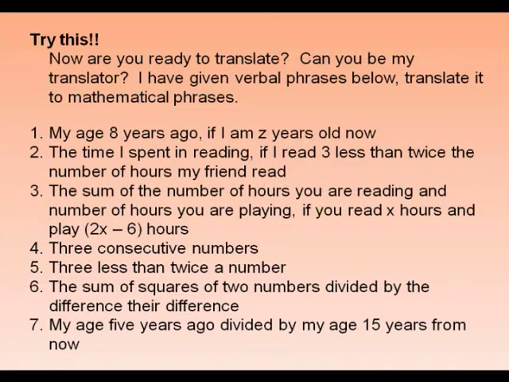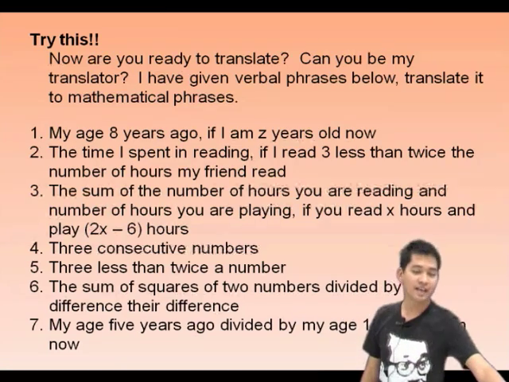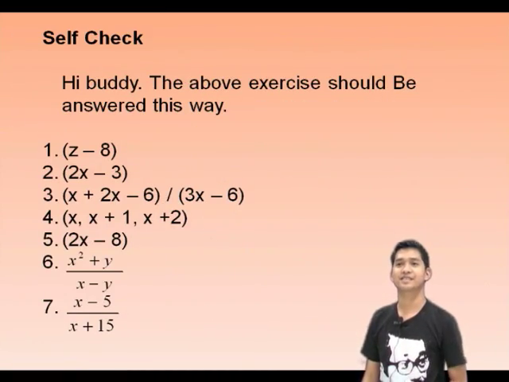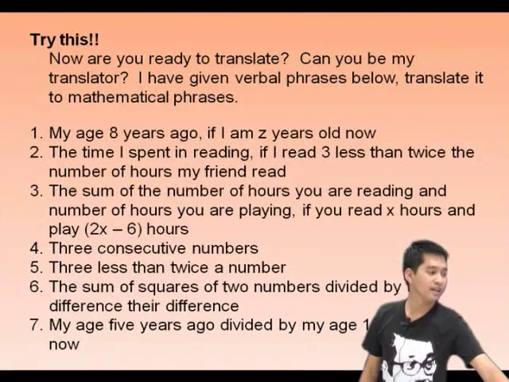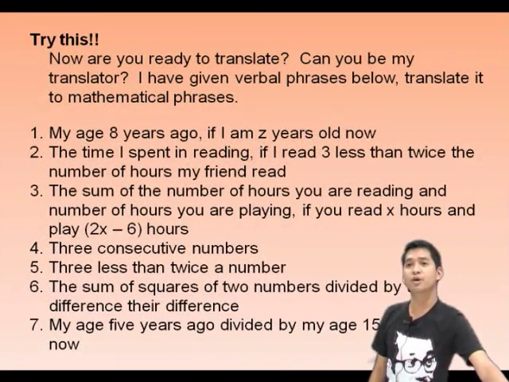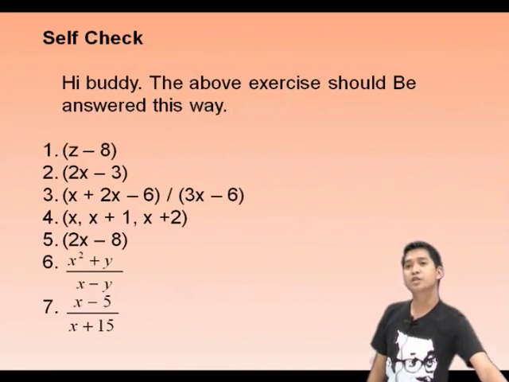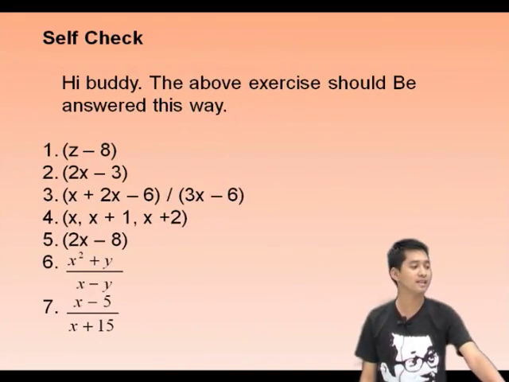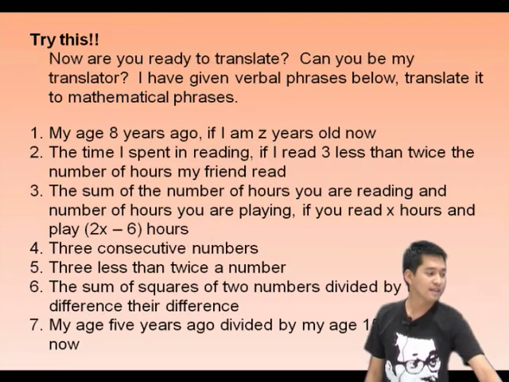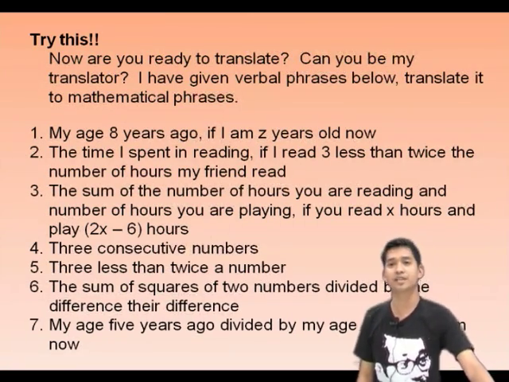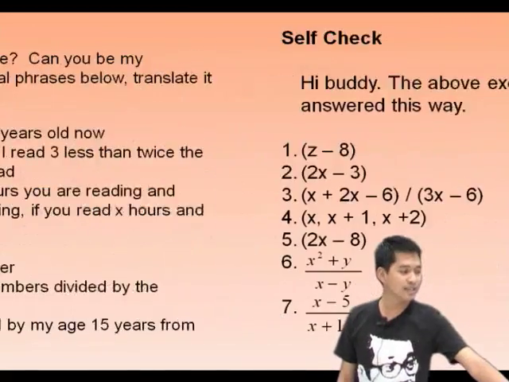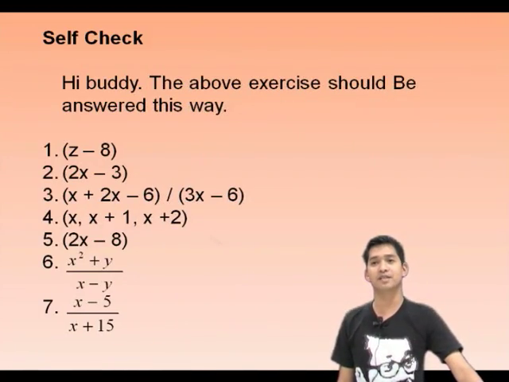Now, you must answer those following problems in this way. So, my age 8 years ago, if I'm z years old now, should be translated as z minus 8. And the time I spent in reading, if I read 3 less than twice the number of hours my friend read, should be translated as 2x minus 3.